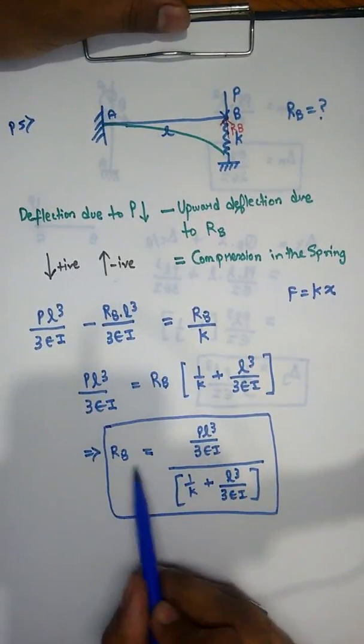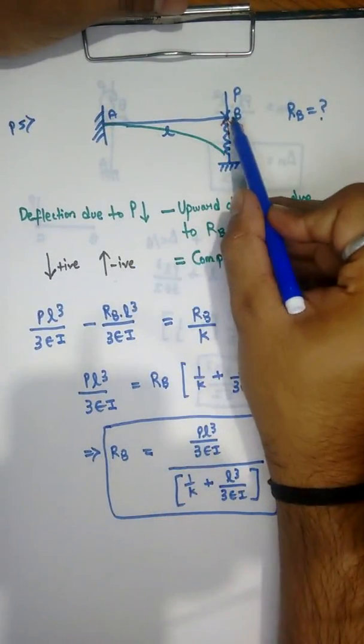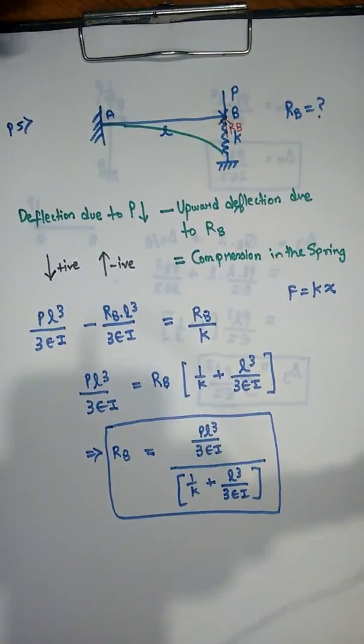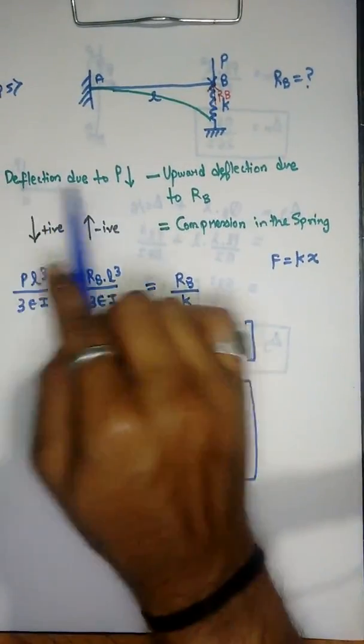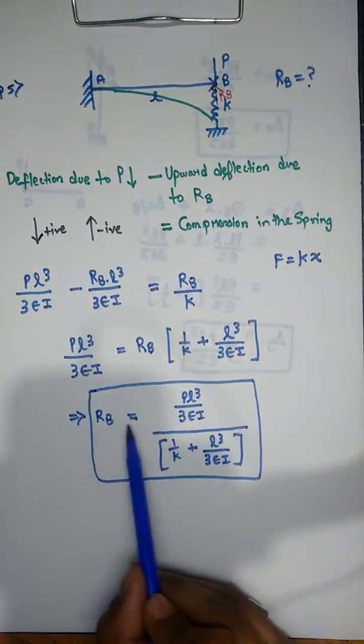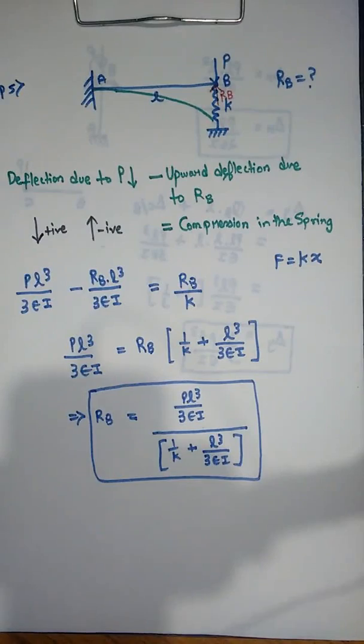This is the value of reaction at point B. So we equate the deflection using a sign convention and we find out the value of RB. Let us move to the next question.